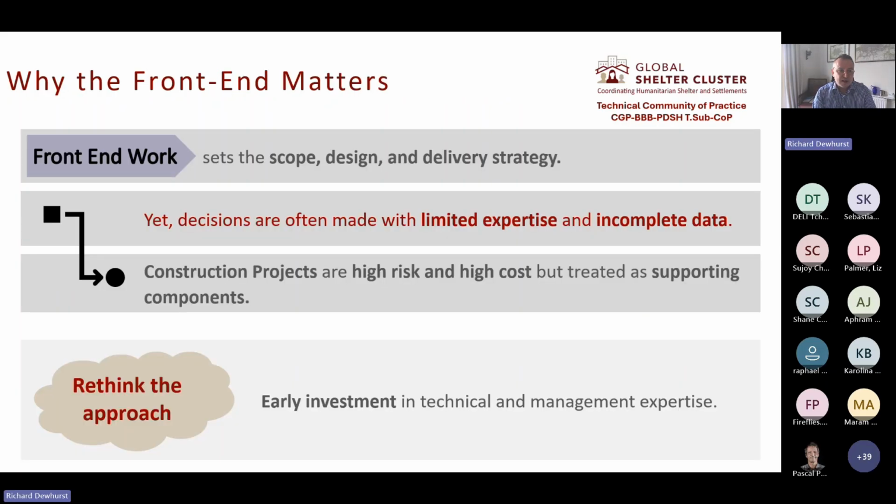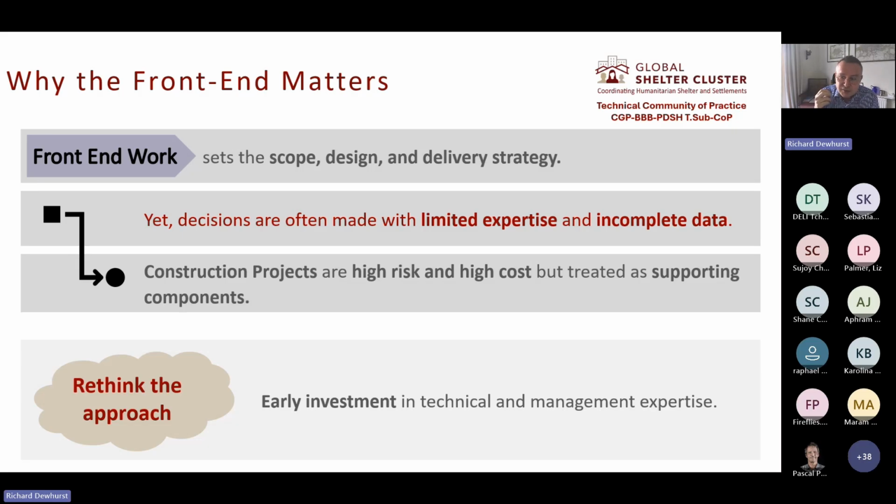So why does the front end matter? It's widely acknowledged that front end planning is the most critical phase for achieving project success, because decisions made here affect the entire remainder of the project. And this is where you define the scope, design, and essentially what you're going to build and how much for. And yet these decisions are often made in ID construction projects with limited input of experience and information.